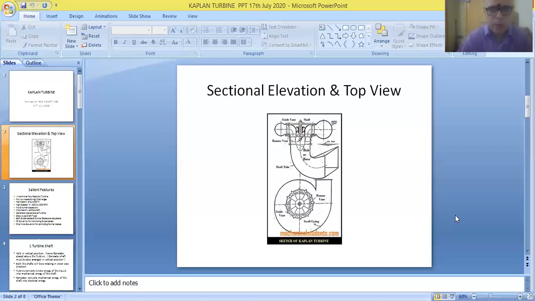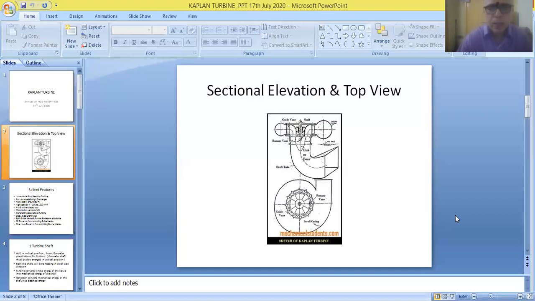So the shaft of the turbine is rotating in clockwise direction. Therefore, the runner assembly will be also rotating in clockwise direction as long as the turbine is under operating conditions.